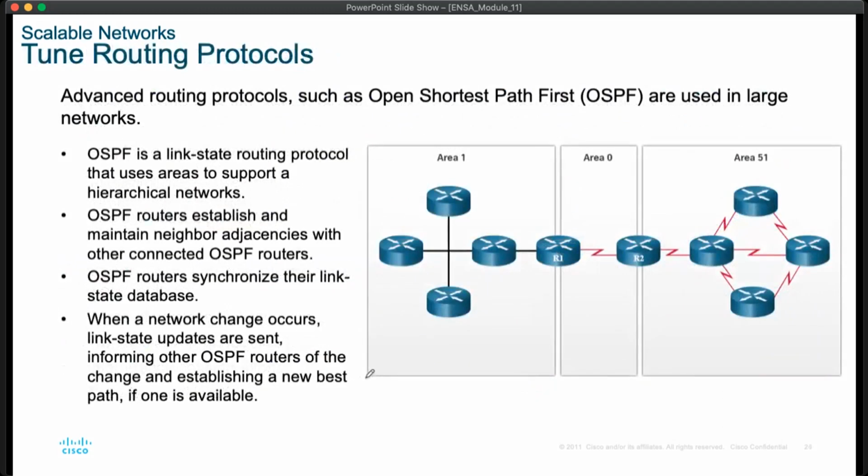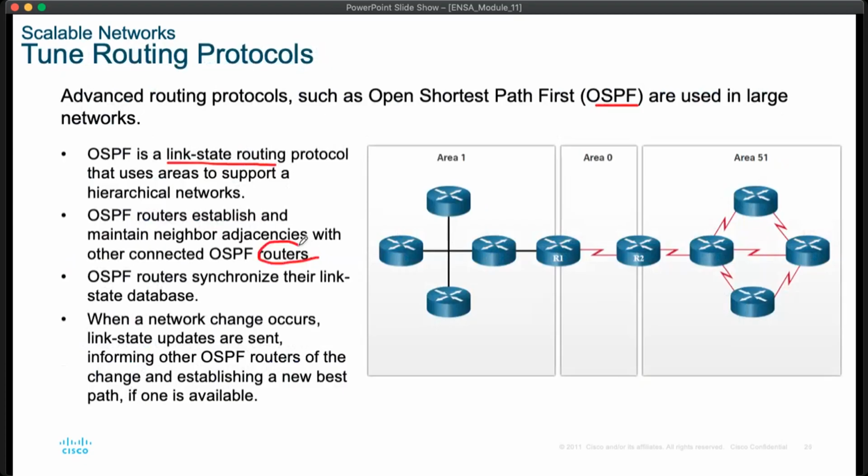Tune routing protocols. Advanced routing protocols, such as Open Shortest Path First or OSPF, are used in large networks. OSPF is a link state routing protocol that uses areas to support hierarchical networks. OSPF routers establish and maintain neighbor adjacencies with other connected OSPF routers.